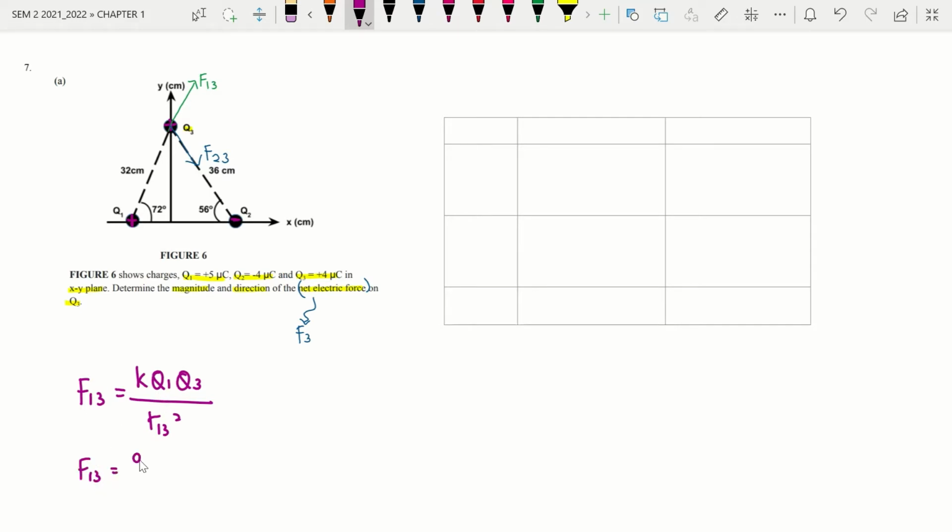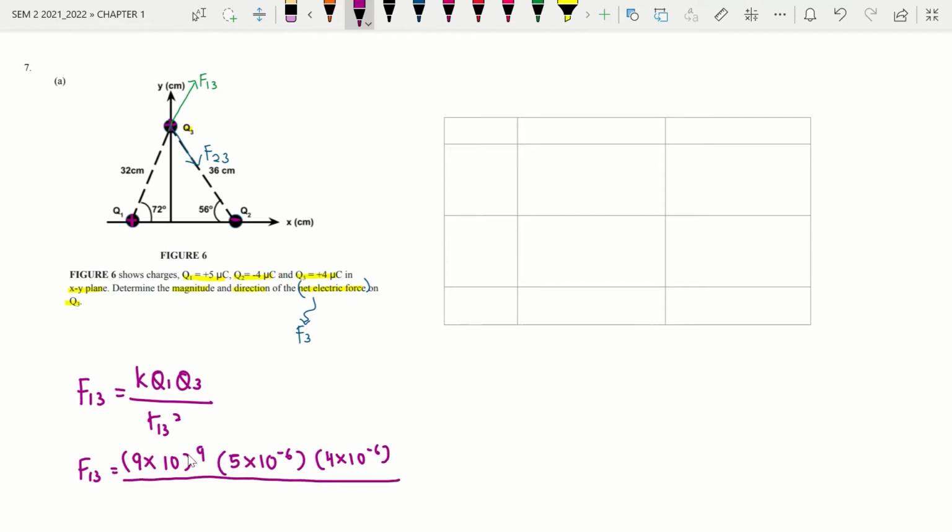So K is the fixed value, which is 9 times 10 to the power of 9. Alright, and then charge 1 is 5 microcoulomb. So I'm going to change the unit to coulomb. And charge 3 is 4 microcoulomb. Same goes to it, I'm going to change the unit to coulomb only.